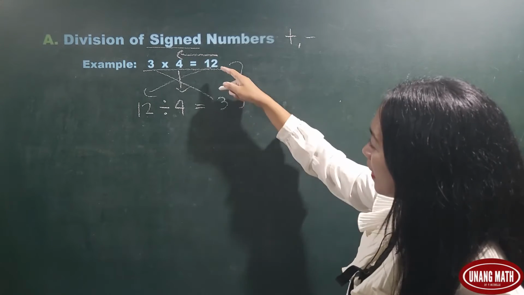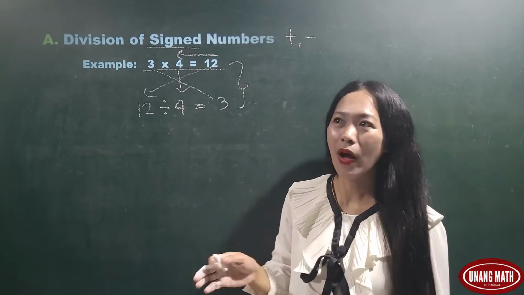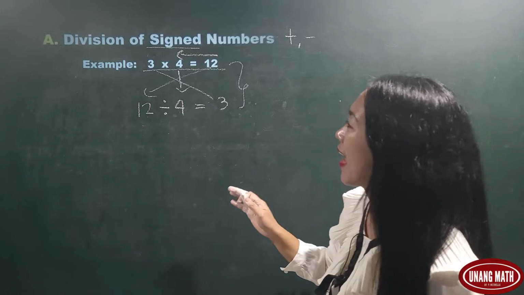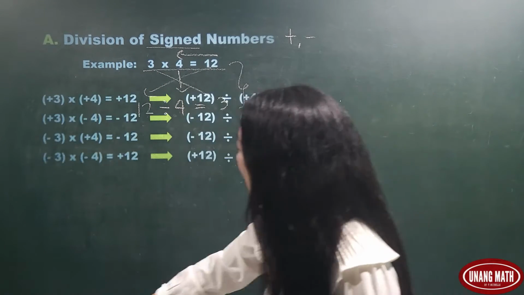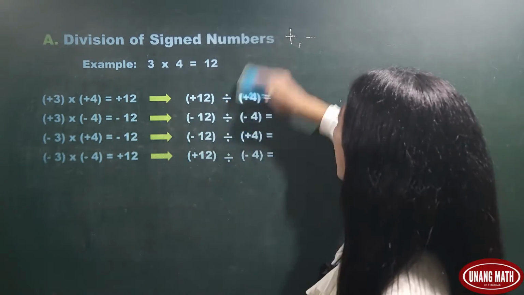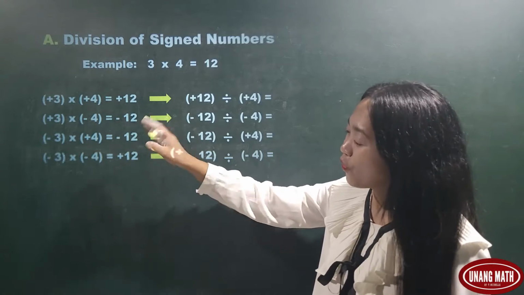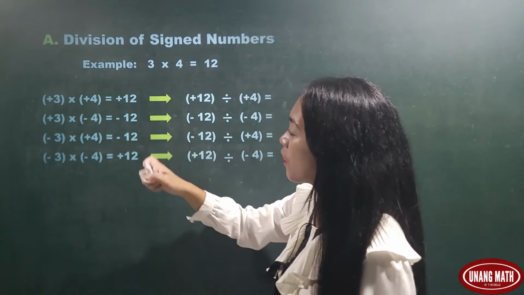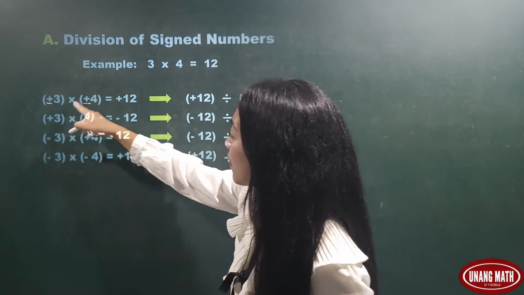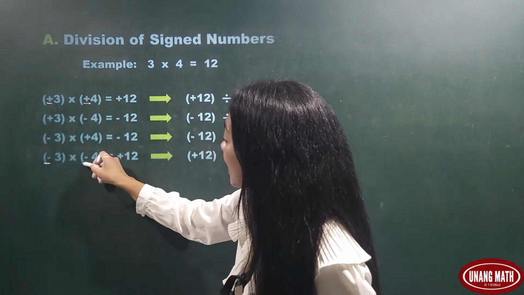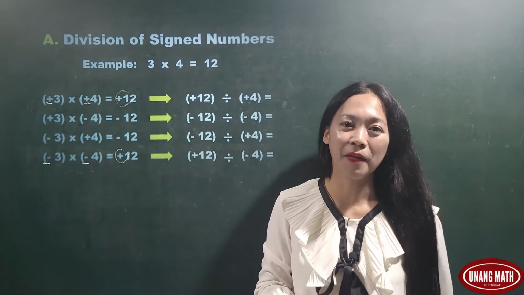Okay, this time, let's use this relationship to find out what will be the sign of our answer when we are dividing signed numbers. In our previous episode, we were done with multiplication of signed numbers. For multiplication of signed numbers, if we are multiplying numbers with the same signs, like positive times a positive number or negative times a negative number, the answer is a positive number.